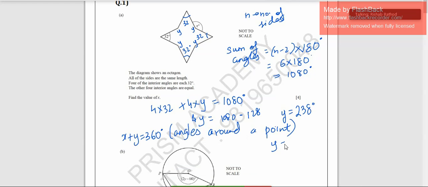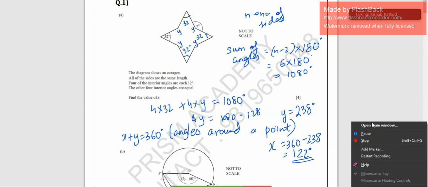So x will become 360 minus 238. It's 122 degrees.